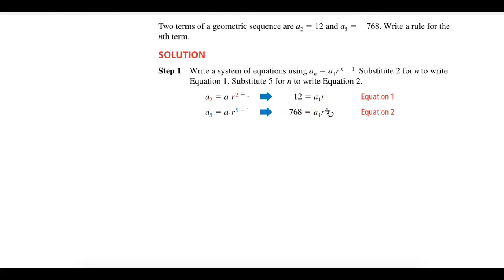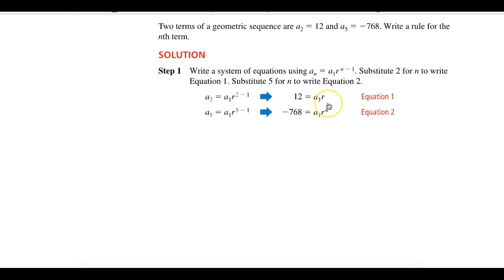Now you'll see right here, we've got two variables, A1 and R, and two equations. So this is our system right now. Again, remember, in arithmetic we had the same types of problems. We had to make two equations with two variables to solve.